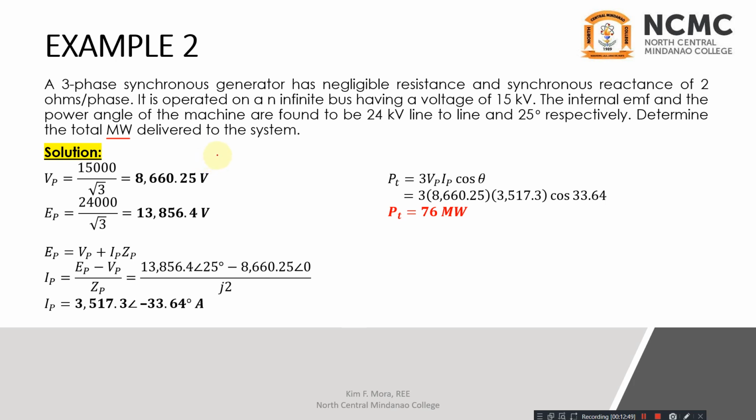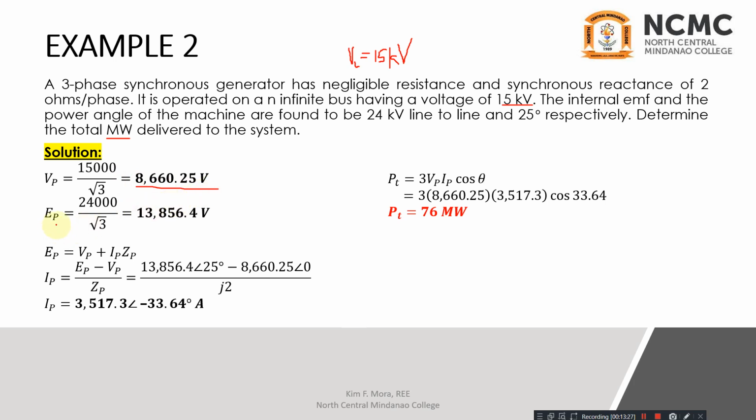So first, we are given 15 kilovolts. Whenever it is given like this, it is understood to be a line voltage. So you have to convert it into phase voltage. We have 15,000 divided by square root of 3, so we have an answer of 8,660.25 volts.